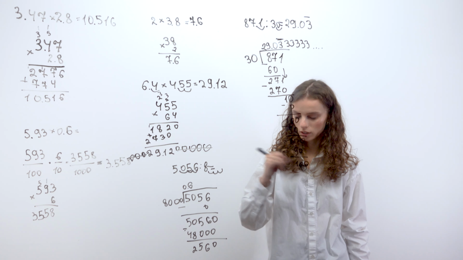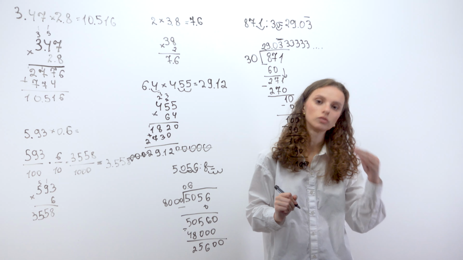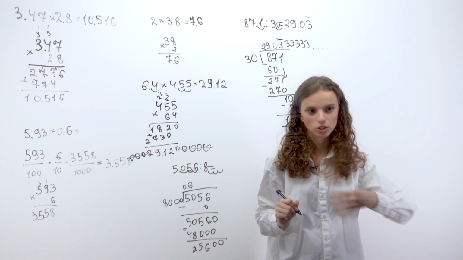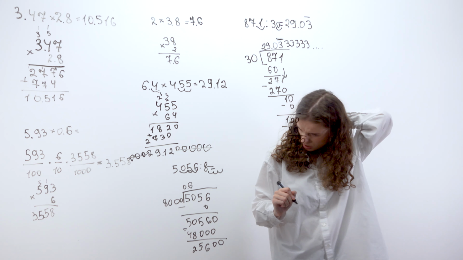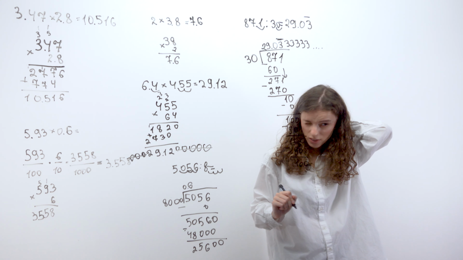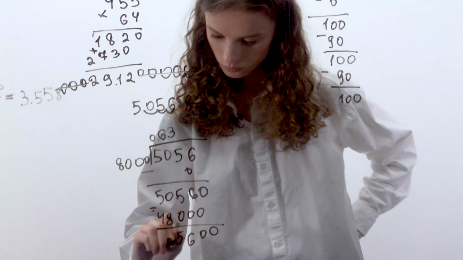Okay, and then we can add another 0. When we add another 0 after we already put a decimal point, we do not need to add another decimal point, so we can just keep adding zeros. Okay, 25,600 divided by 8,000, it will be around 3, right? 24,000.